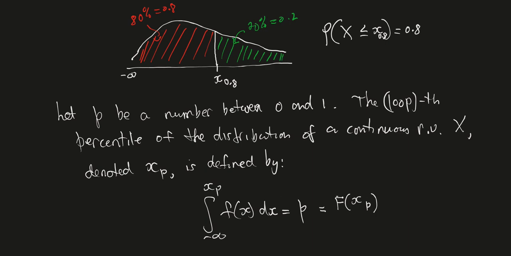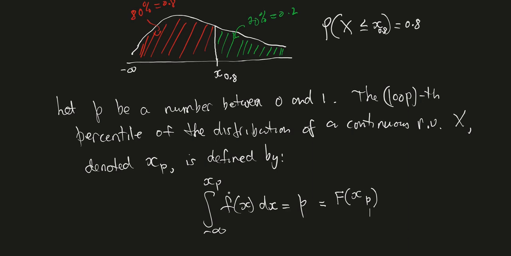Or if I happen to have my CDF, then I just set my CDF equal to that number and again solve for x sub p, right? So depending on what's given, we can use either of these equations to figure out what the percentile is. All right? So let's do an example of this to illustrate this concept.